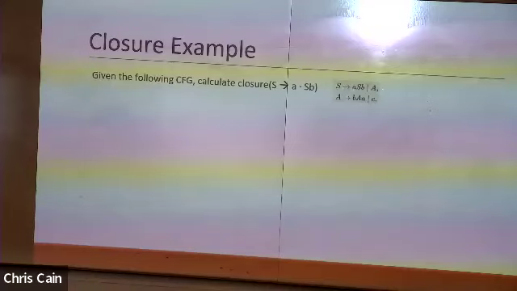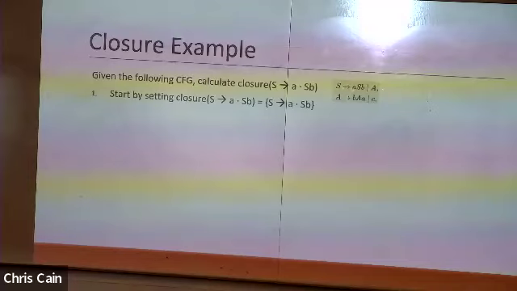So we start by adding this production with this item into the set that is the closure. So the closure of S arrow A dot capital SB starts out being S arrow A dot capital SB. Great. Now we need to loop through every element of the set, which is just a single element now, and ask, is there a non-terminal directly to the right of the marker? In this case, the answer is yes.